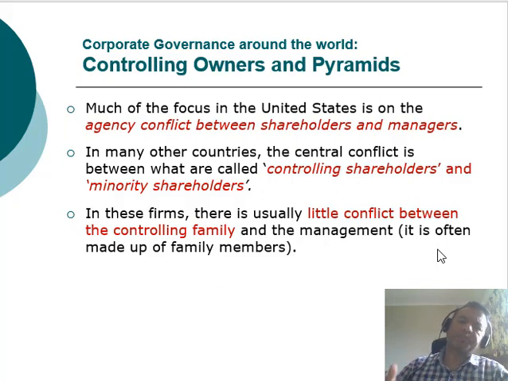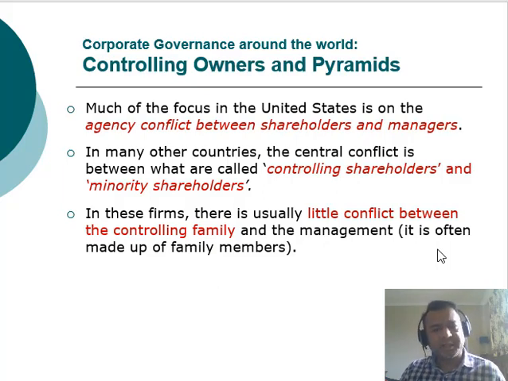Now, when we're talking about corporate governance around the world, we need to understand the controlling ownership structure and the pyramid as well. Much of the focus in the United States is on the agency conflict between the shareholders and the managers. However, in many countries, the central conflict is between what are called the controlling shareholders and minority shareholders.